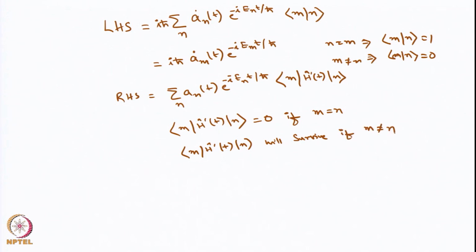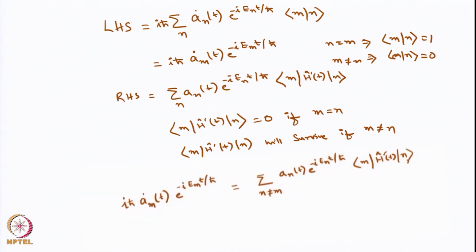Now, I can rewrite this equation as iħ ȧ_m(t) e^(-iE_m t/ħ) should be equal to the sum over n not equal to m.